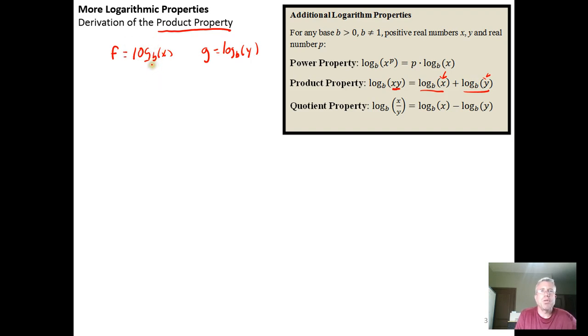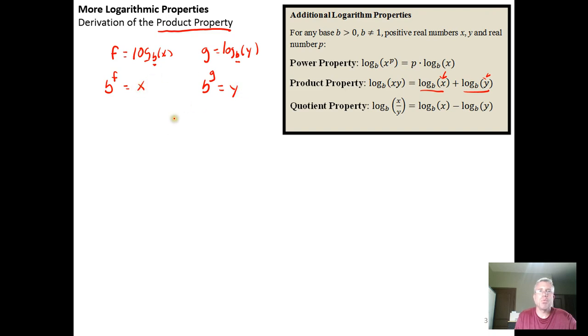F is the exponent you raise b to get x. And similarly, g is the exponent you raise b to get y. So b to the g is equal to y. And notice we want to know something about the product x times y. So I'm in a great position to take and multiply x times y at this point.